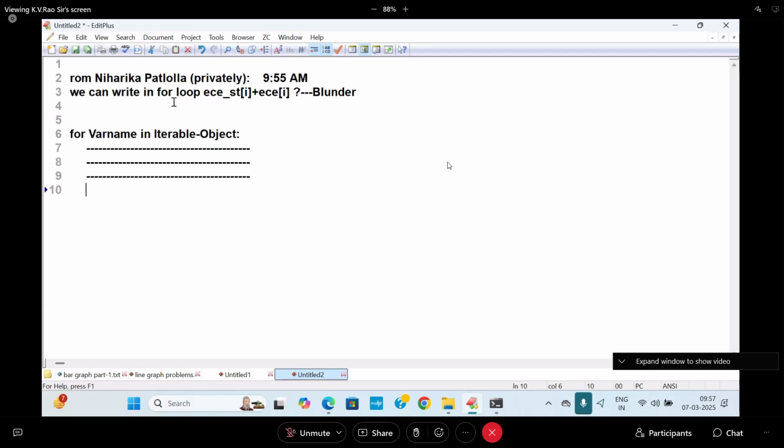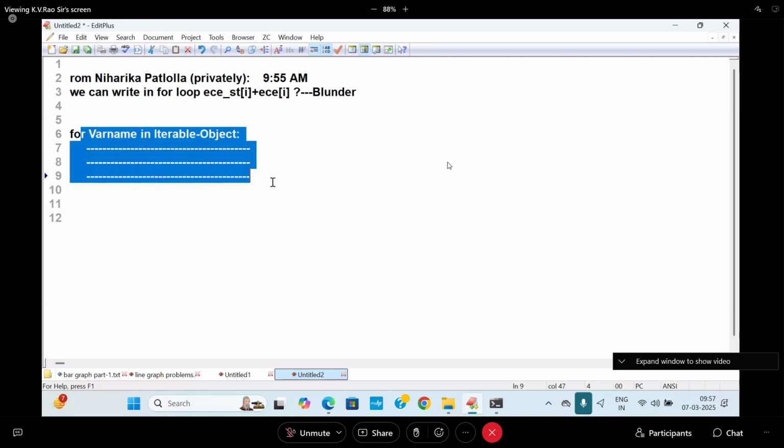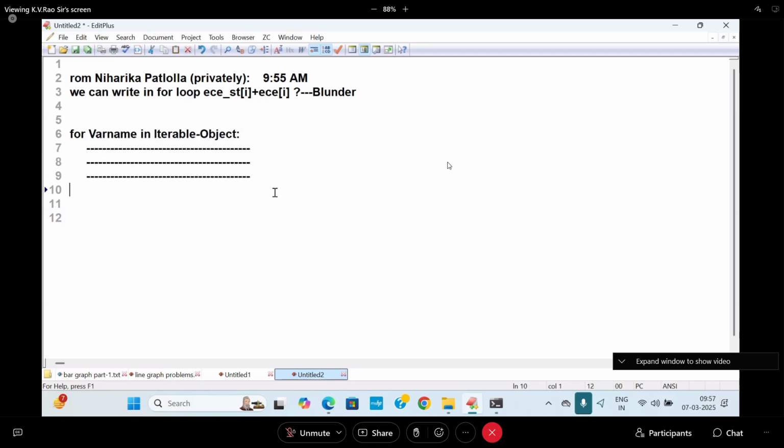Will anybody write like this? What is the comprehension concept? This is the syntax of the for loop. And comprehension syntax is what? Variable name is equal to what is that?